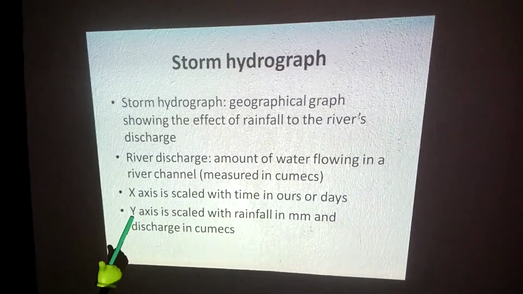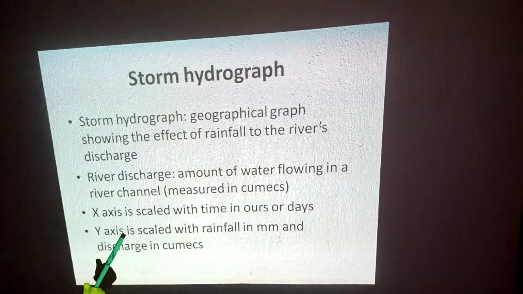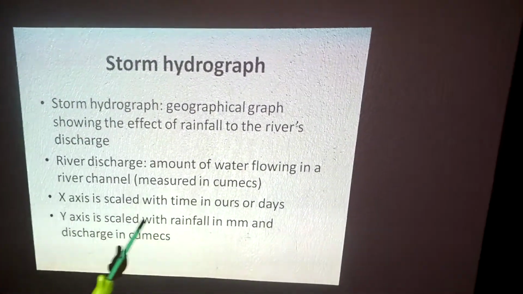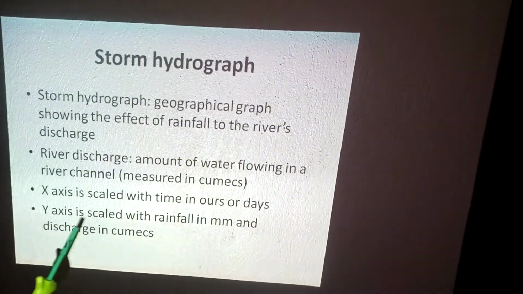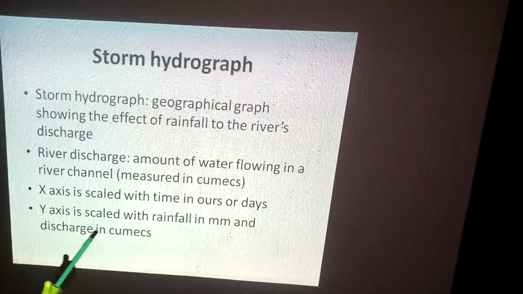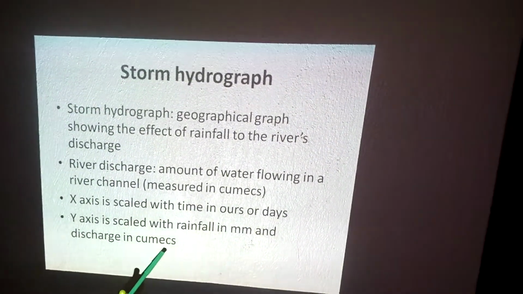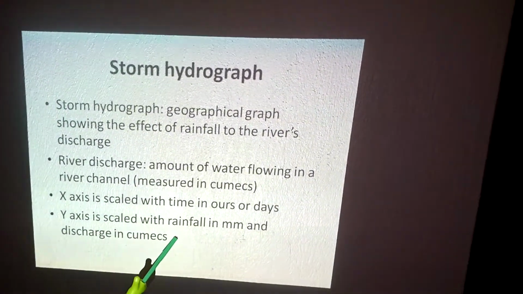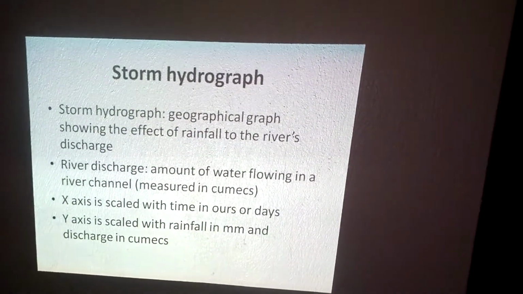And on the y-axis, we scale the rainfall in millimeters, and again we scale discharge in cumecs. Remember what cumec is? It is a unit representing cubic meters per second.